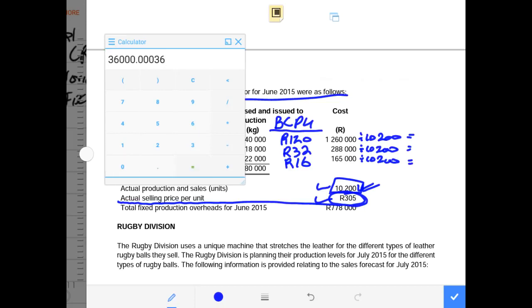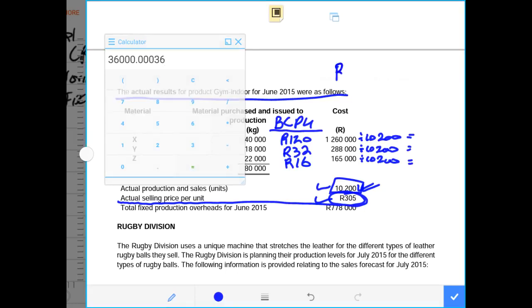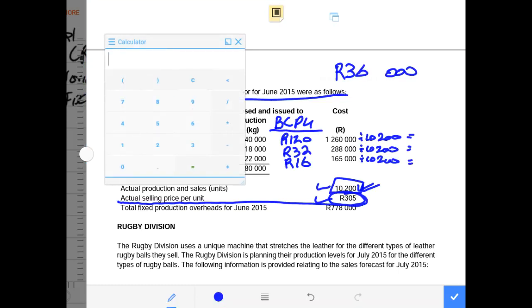And if you see that, it will give you 36,000. So when we do the cost per unit, it should give us 36,000 rands.